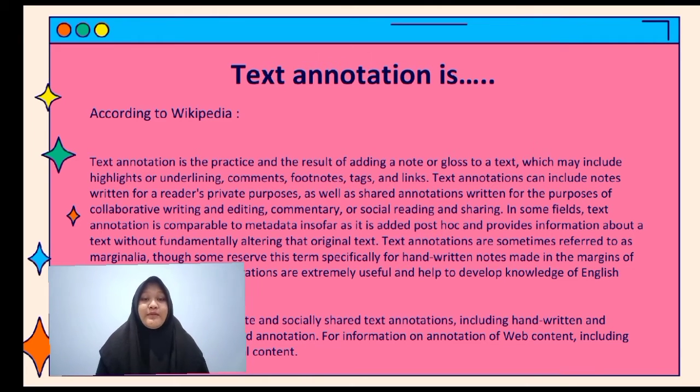Annotations are extremely useful and help to develop knowledge of English literature. This article covers both private and socially shared text annotation, including handwritten and information technology-based annotation. For information on annotation of web content, including images and other non-textual content.